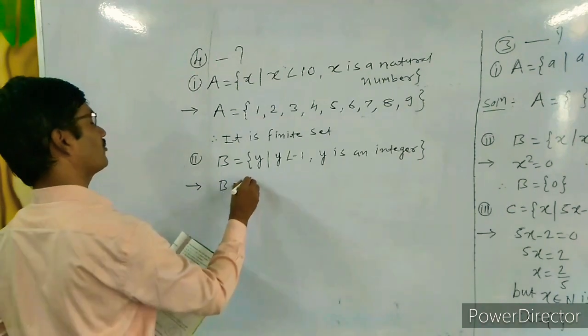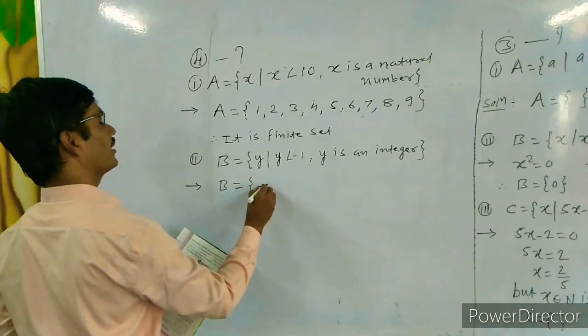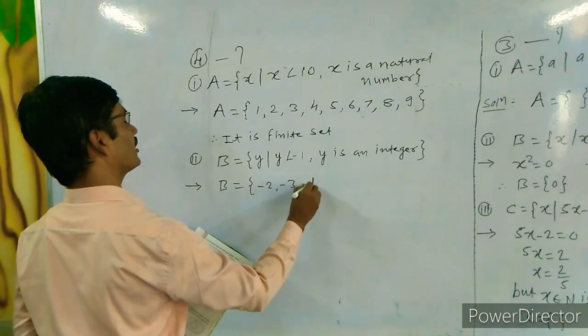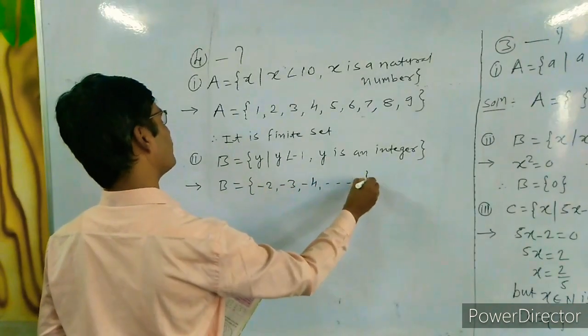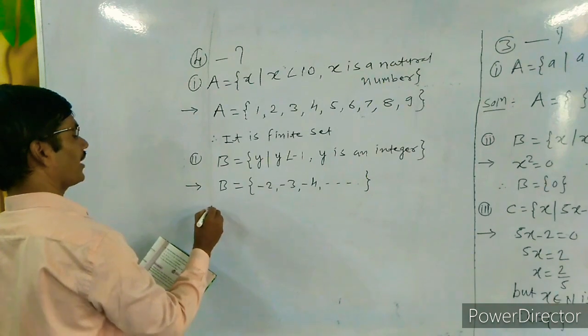Y is less than minus 1 means minus 2, minus 3, minus 4, and so on. It is infinite set.